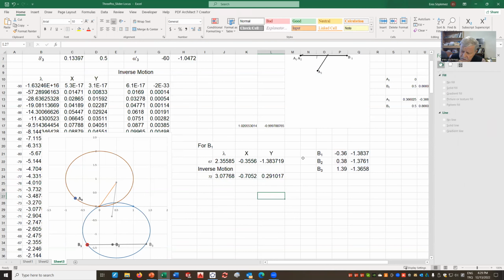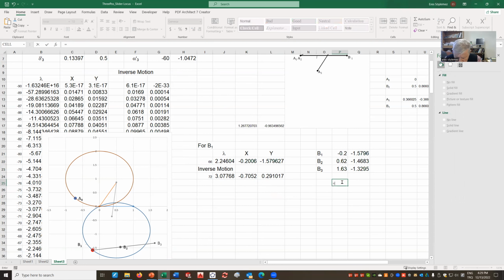Or what you can do is this. You can determine the angle this line makes. Let me change it to 66. You can determine the angle the line makes with respect to the positive x-axis as follows.